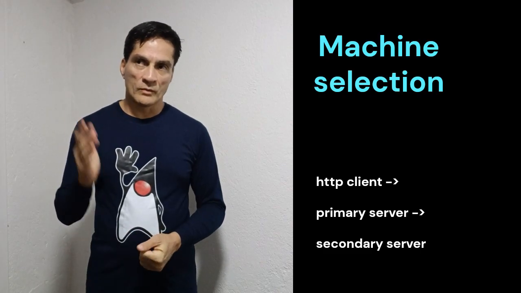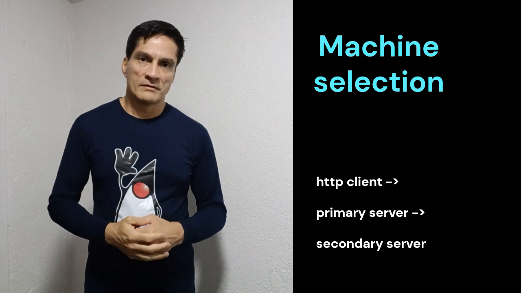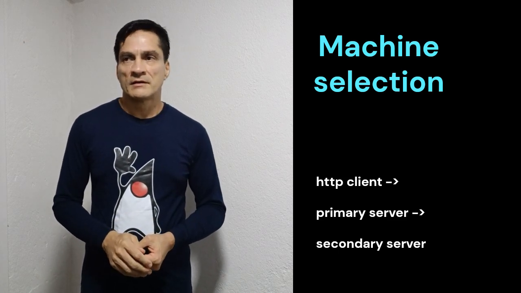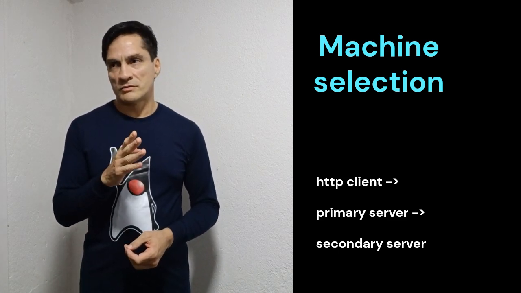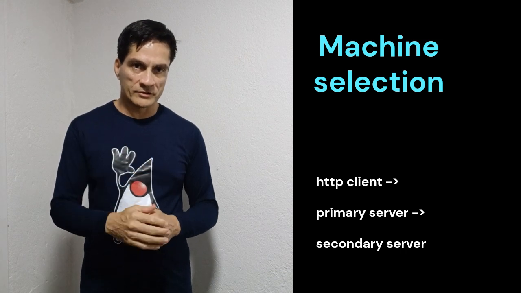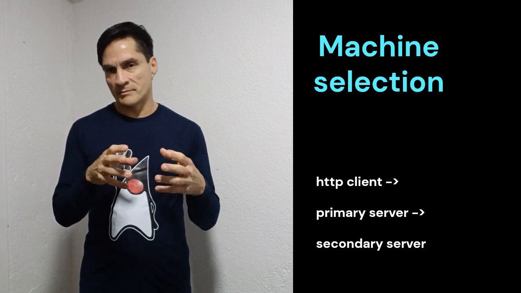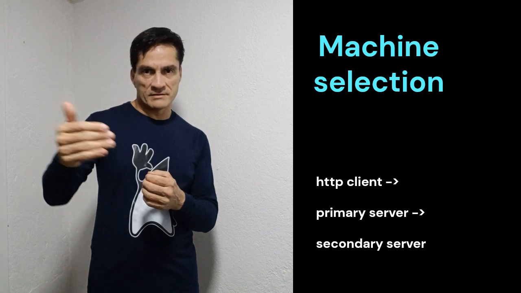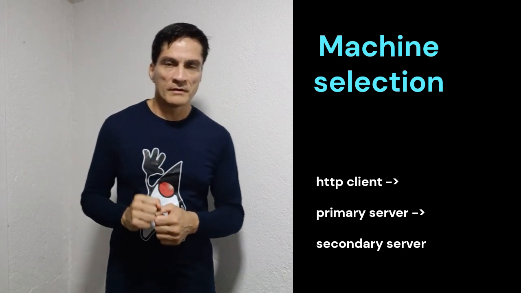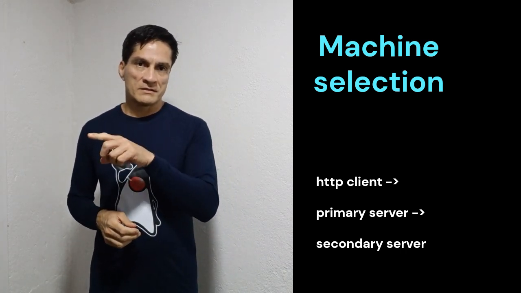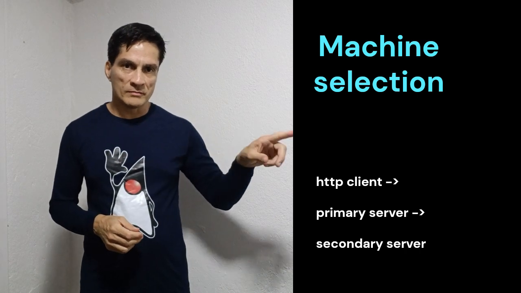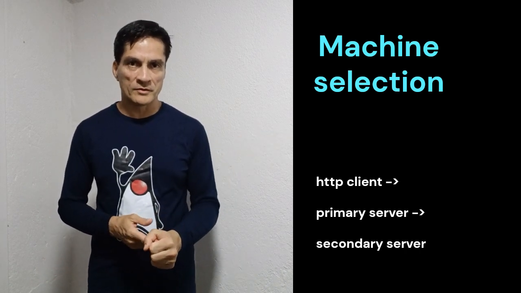What happens when the client performs a request? It goes to the primary server of ClusterJ, and the primary server asks the secondary server what is the machine more suitable to perform the request.